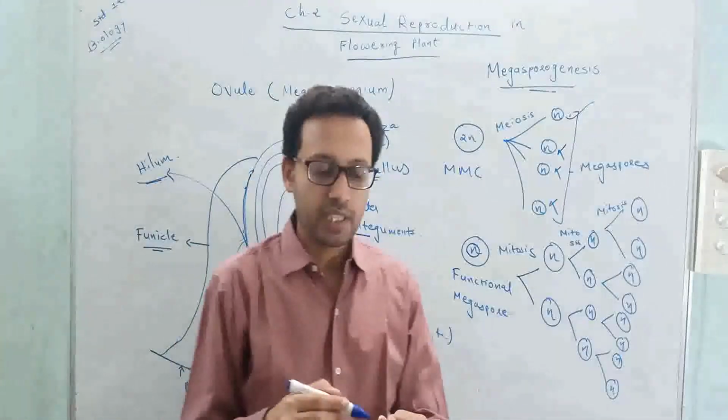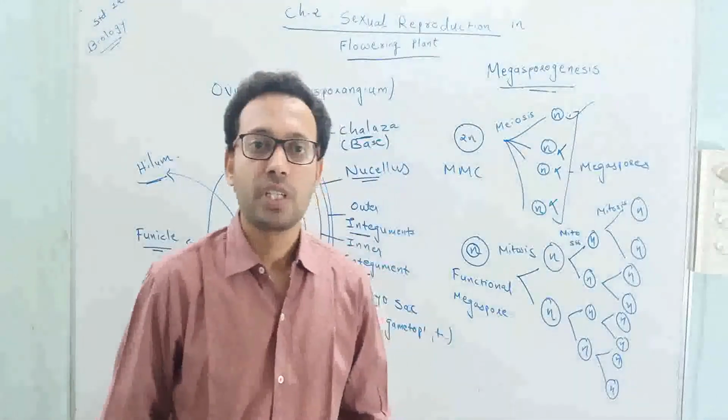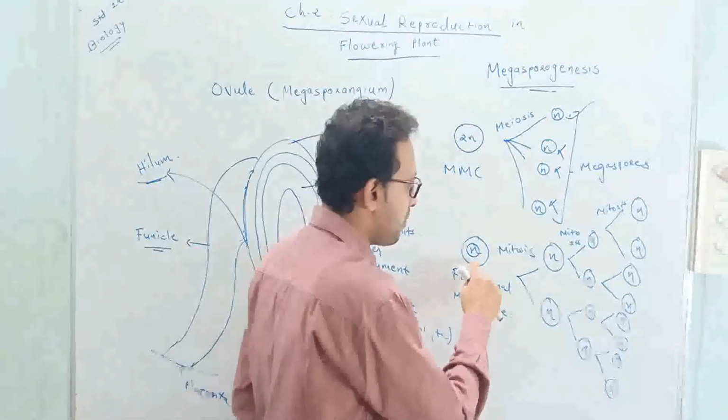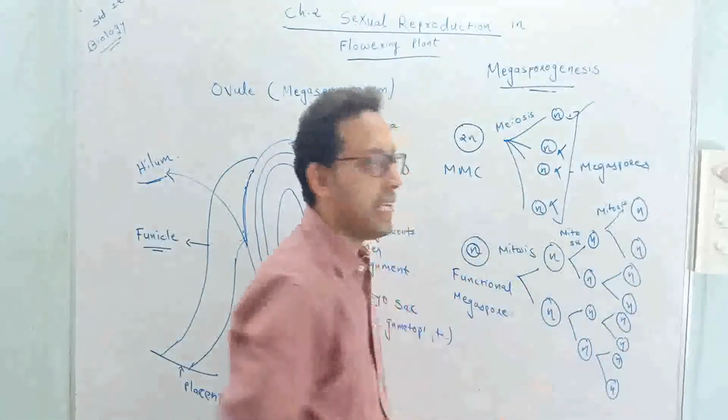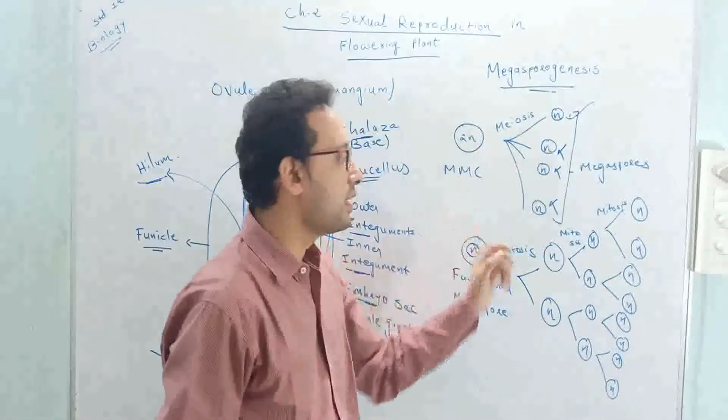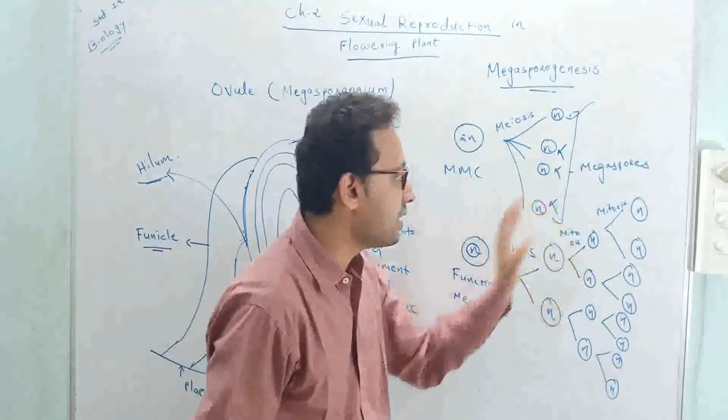Every time 2 daughter cells are produced, because it's a mitosis process, and as it is mitosis, it contains the same number of chromosomes as the parent. Parent has n, so obviously all contain n number of chromosomes. Only in meiosis the chromosome number gets halved. In mitosis the chromosome number remains the same.